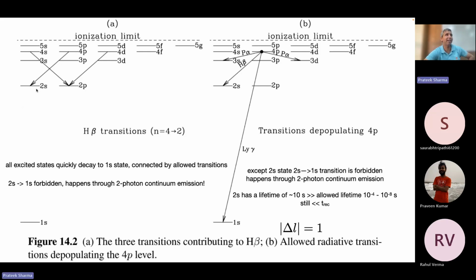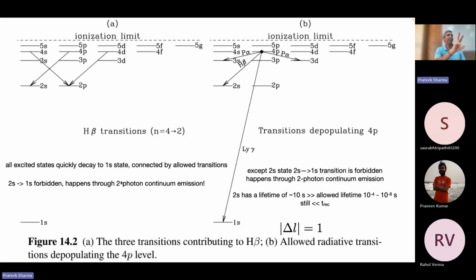But the 2s state is somewhat longer lived, and it does not decay to 1s through a simple line emission. There is a 2-photon continuum emission. There are 2 photons released for the 2s to 1s transition, and instead of producing a single line, it produces a continuum. It produces a spectrum.